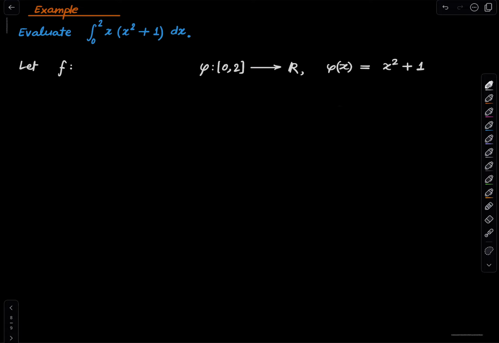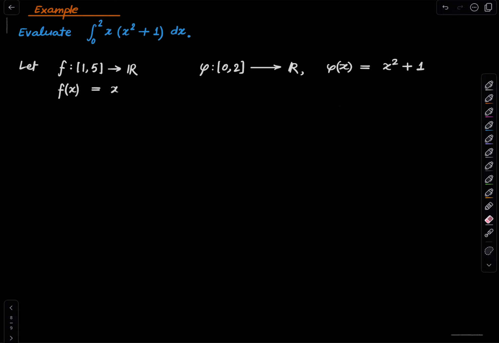Okay. And what is f? The image of phi is the interval 1 comma 5. So I'll define f from 1 comma 5 to the reals as the identity map. Yeah, so that's how I define f.